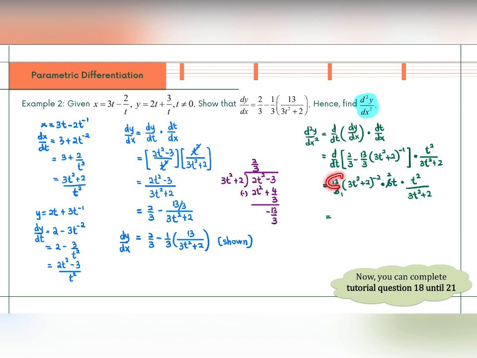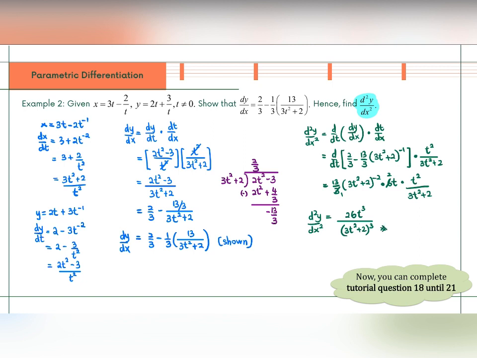So, kat sini 13 darab 2 kita dapat 26. T darab dengan T square kita ada T cube over. So, ini kuasa 2 kan. Bila dia kuasa 2, dia boleh bawa turun bawah. So, 2 darabkan dengan kita ada lagi satu faktor tersebut. So, it will be 3t squared plus 2 to the power of 3. So, this is our second derivative for this question.